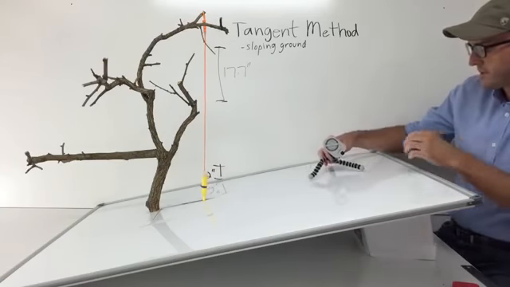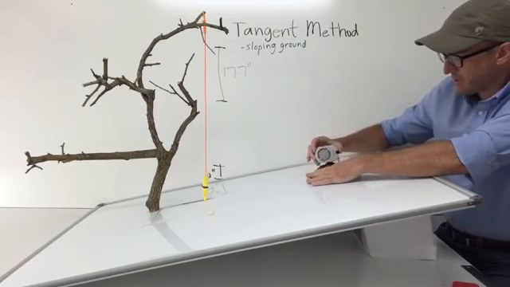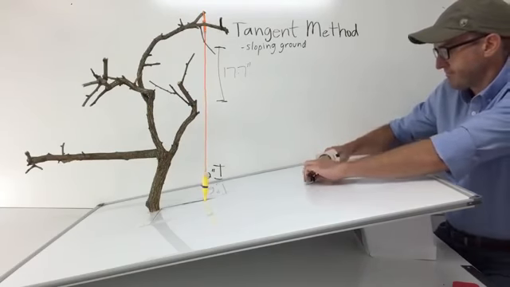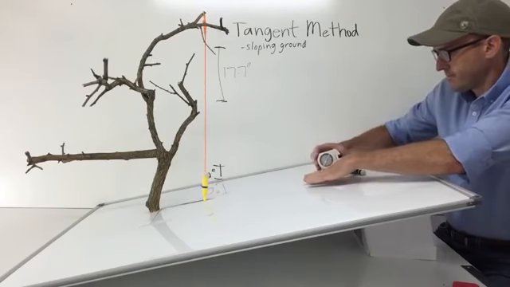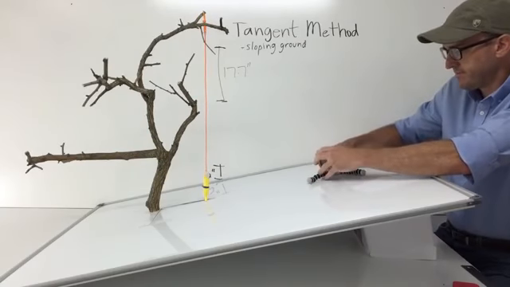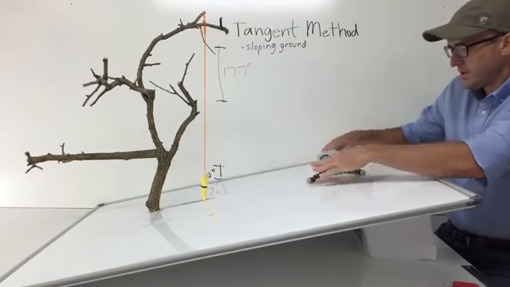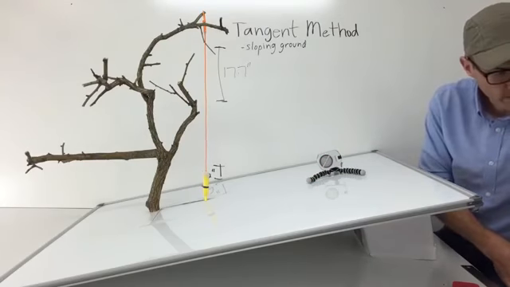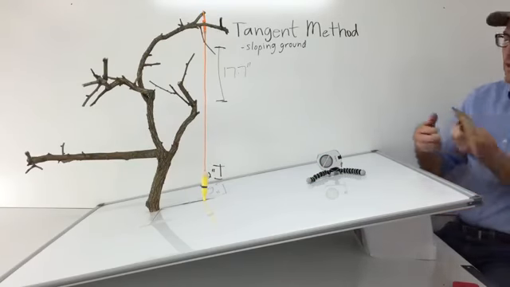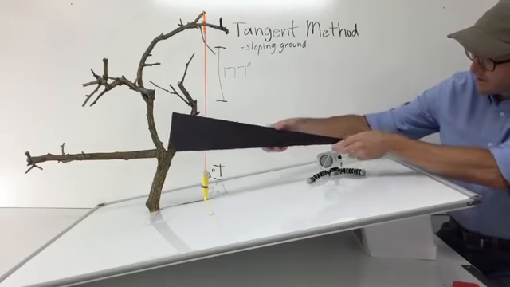All right, so we need to angle the clinometer down again. There we go. Okay. All right, let's go ahead and show the triangle that we're going to be creating this time.